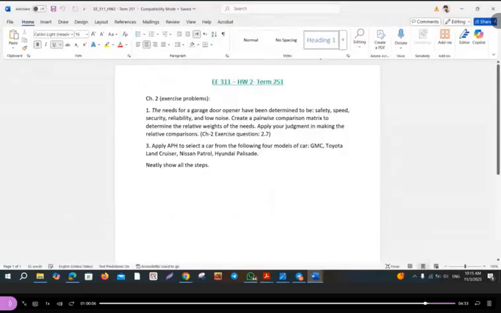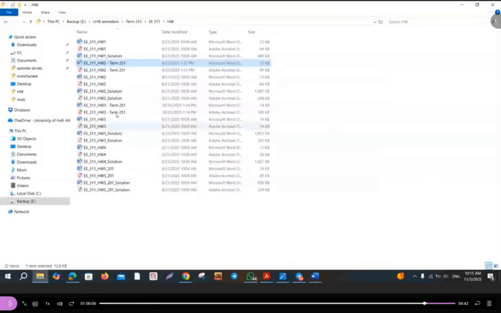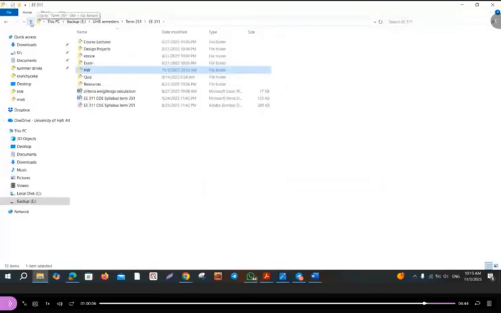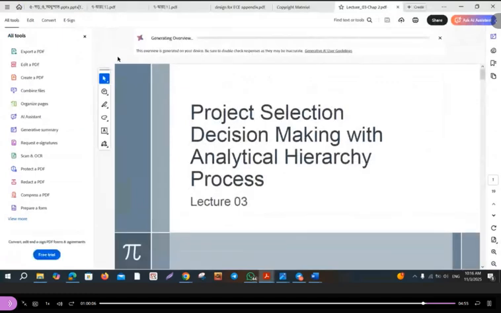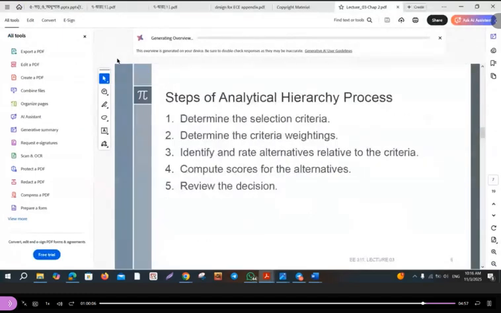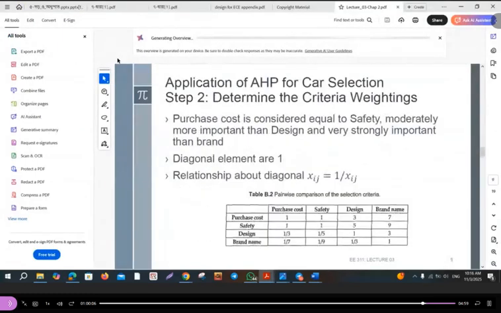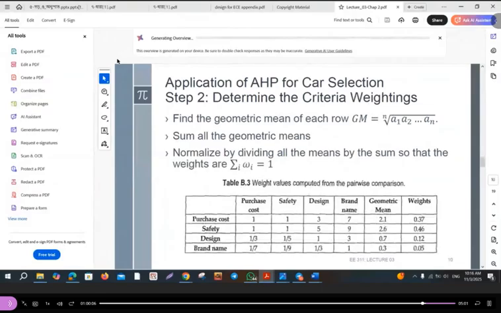So this homework 2 and the lecture slide number is, I think, if I'm not wrong, maybe number 4 or 3. Let me see this one. Yeah, this one. Just cost. Yeah, this one.